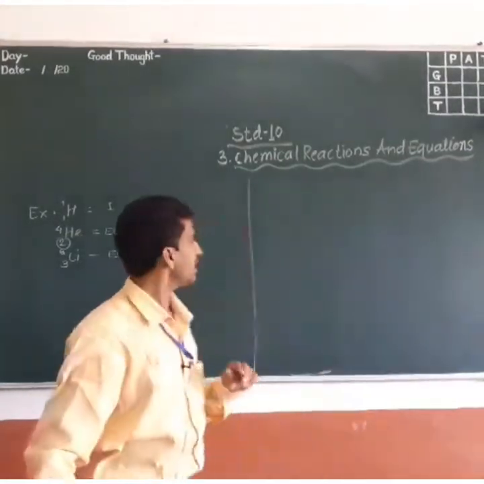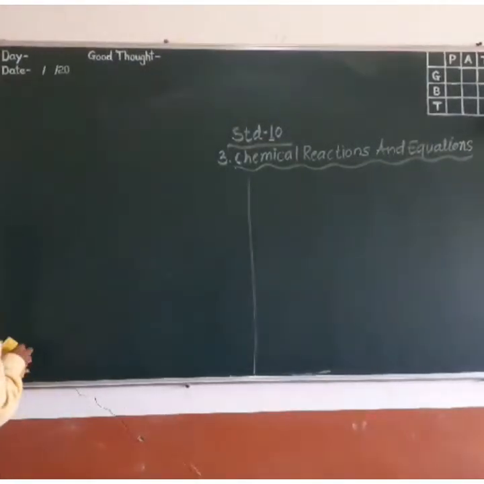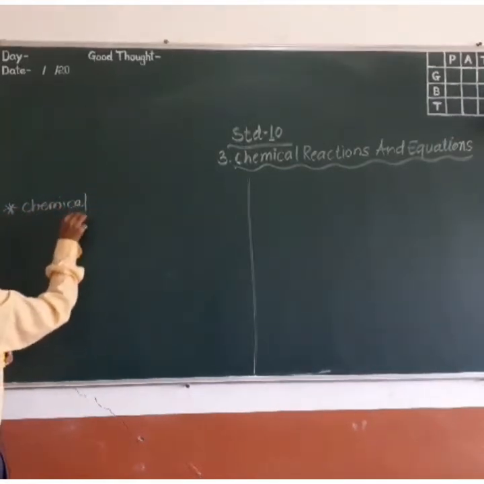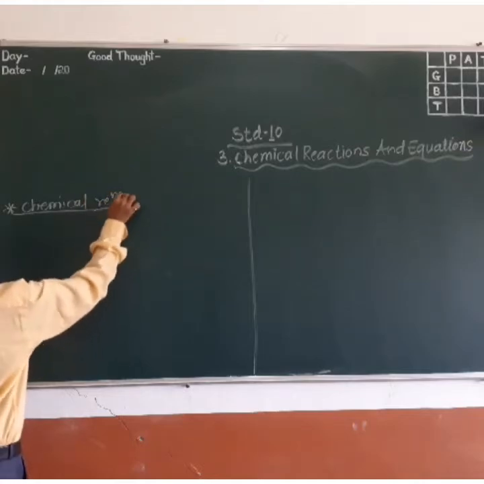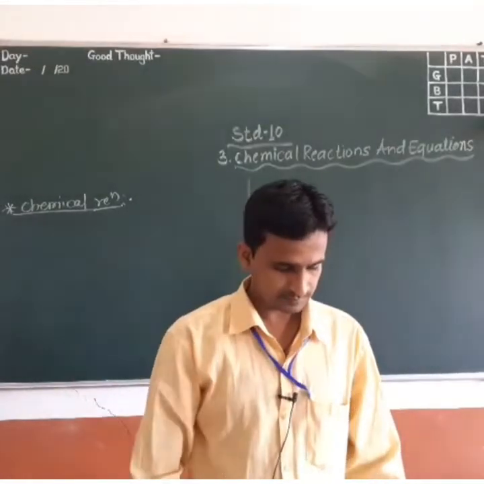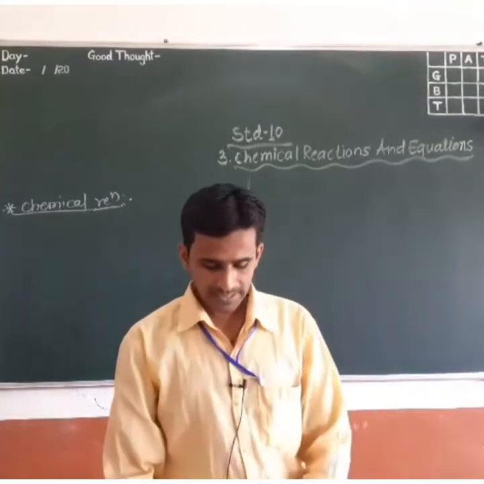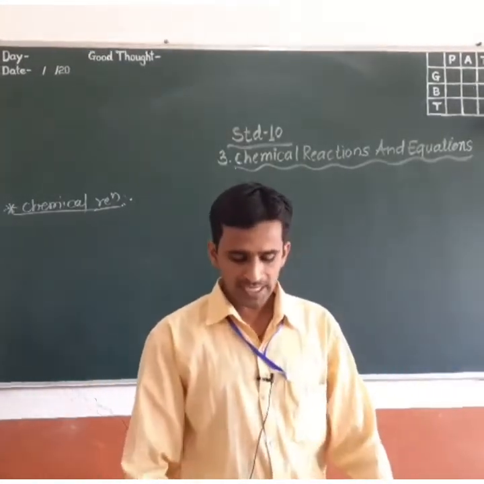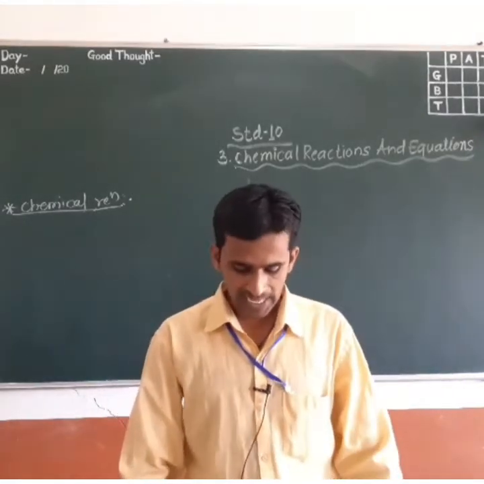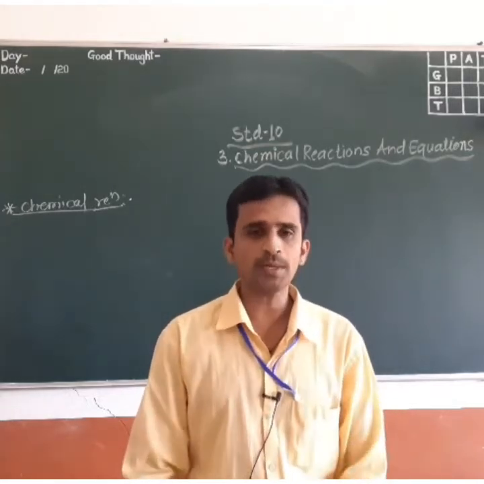Next one is chemical reaction. A chemical reaction is the process in which some substances undergo bond breaking and are transformed into new substances by the formation of new bonds.